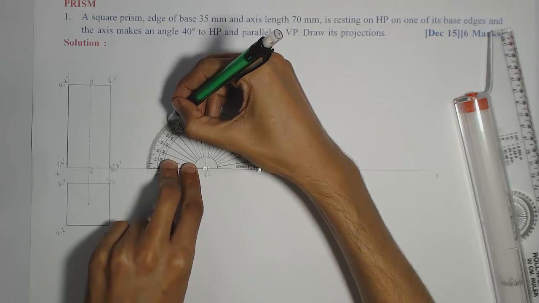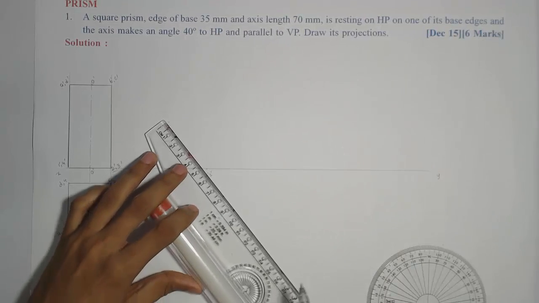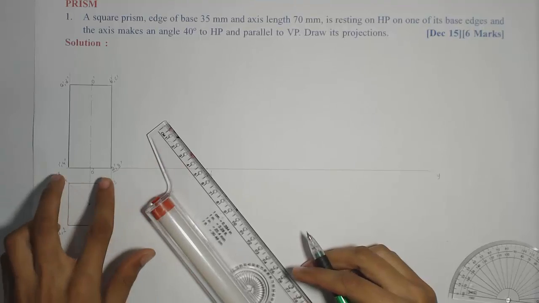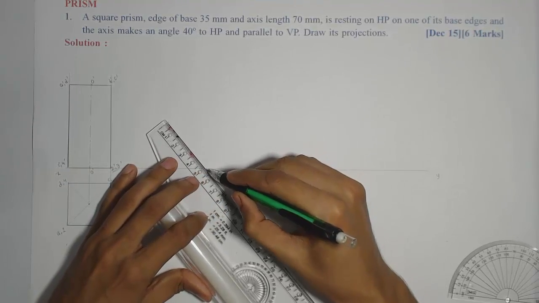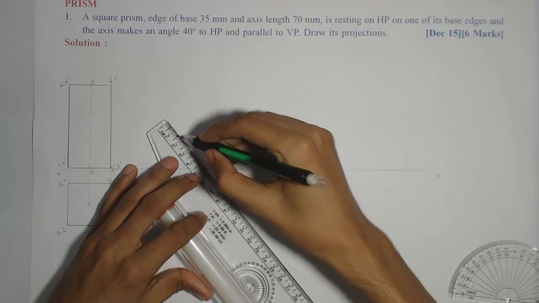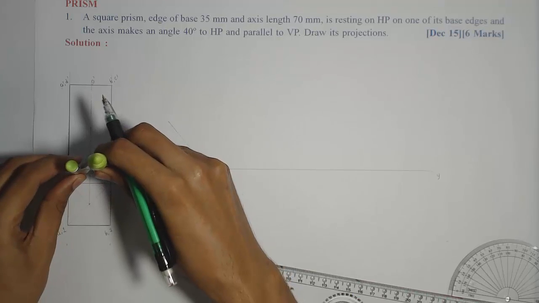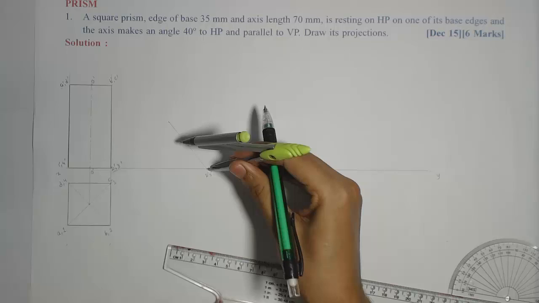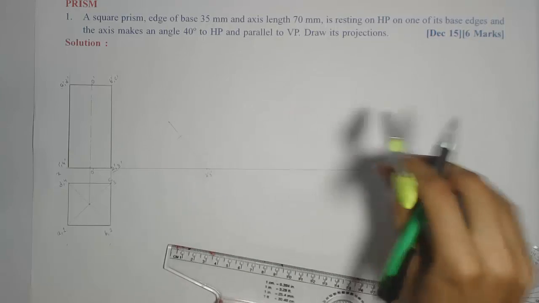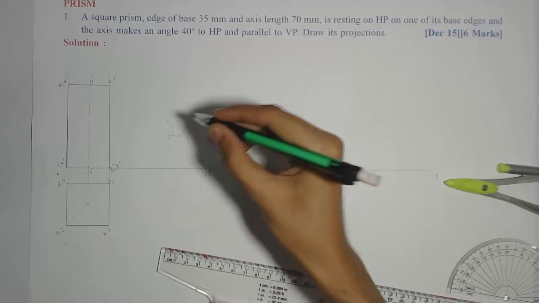So for the base I am marking an angle of 50 degrees, and along that inclination I'll measure the base length. First I am marking that 50 degree inclination. Now I'll take the distance of the base in the compass and mark that base on that 50-degree line. So this point will be 1 dash 4 dash.